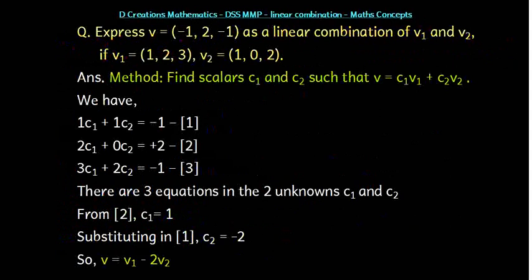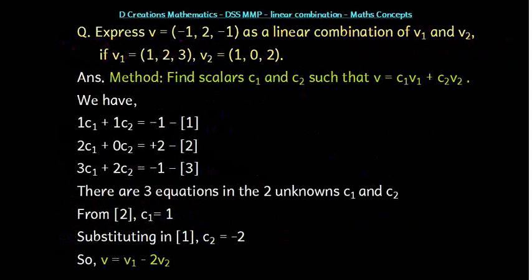That means c2 has to be -2. In fact, you can try putting these values in equation 3 and verify it. 3 into 1 is 3, plus 2 into -2, which is -4. 3 minus 4 gives you -1, which is the right hand side. So we are doing it in a correct manner.